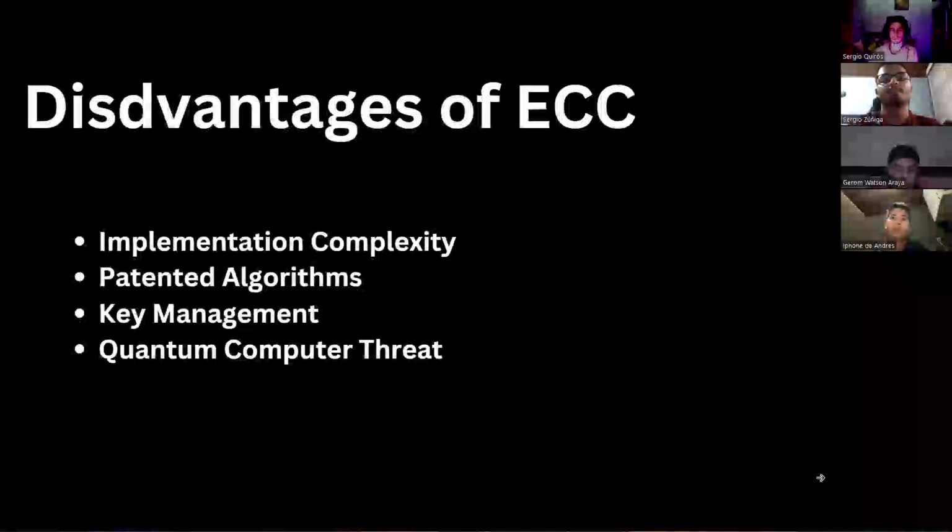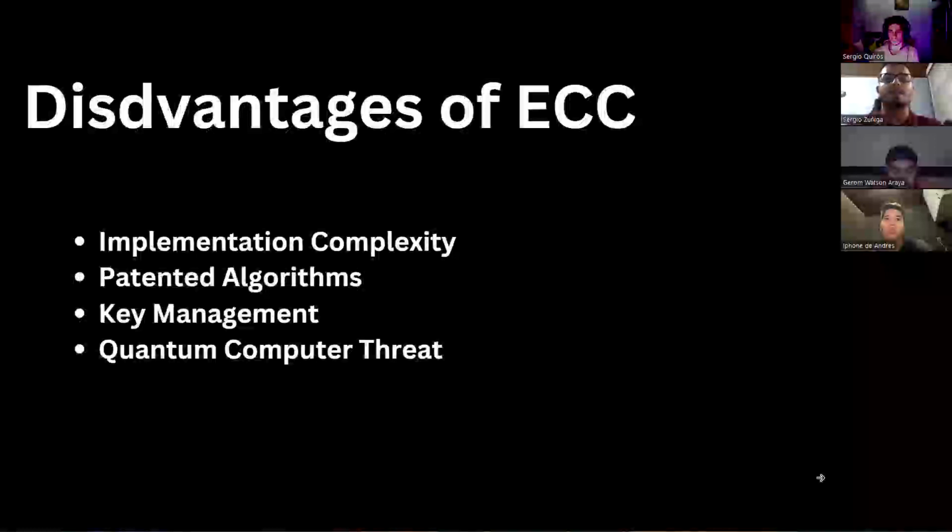Patented algorithms: some specific ECC algorithms were patented in the past, which could affect their adoption due to licensing concerns. Then we have key management. Like any other public key cryptography algorithm, ECC requires proper key management practices. The generation, storage, and distribution of the keys need to be carefully handled to maintain the security of the system.